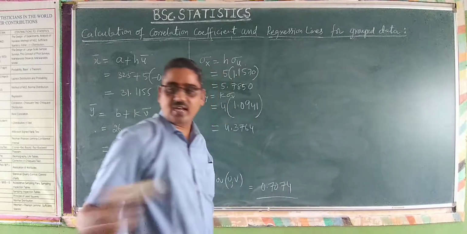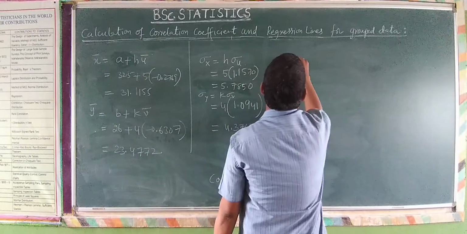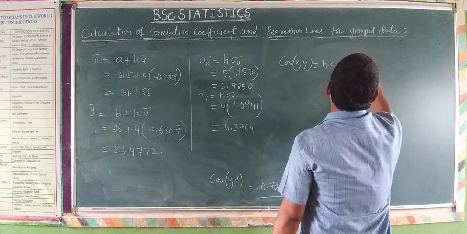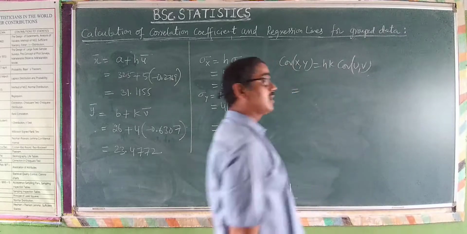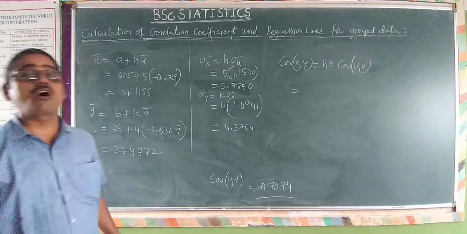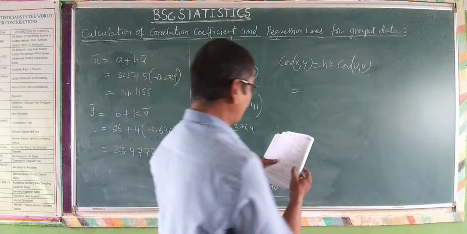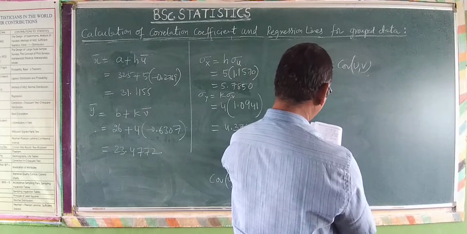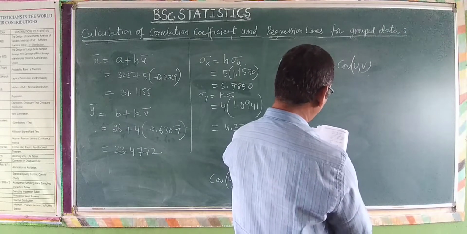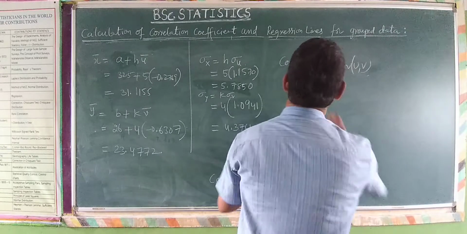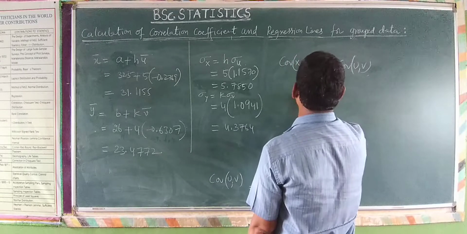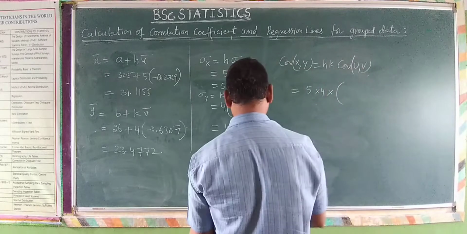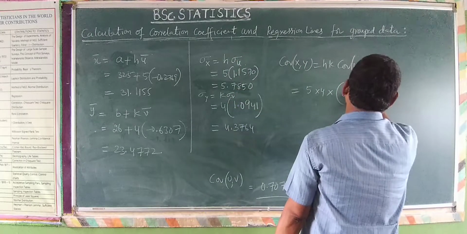The covariance of x comma y is equal to hk into covariance of u comma v. Do you remember, all these values we have determined with the help of shifting the origin and scale? So covariance of xy is equal to hk, with h equal to 5 and k equal to 4, multiplied by covariance of u, v, which is 0.7074.